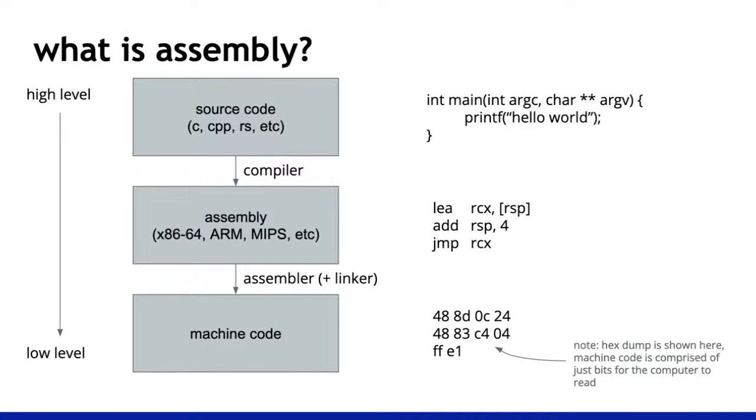So on the right side, I have three representatives of each box. At the very top, we have some C code that just prints hello world. At the second part, we have some assembly, which has some human readable text. It looks a little weird, like it has LEA, RCX. It's a little confusing if you've never looked at it before, and trust me, I hope to give you at least some familiarity with it.